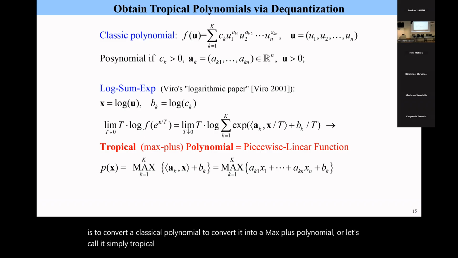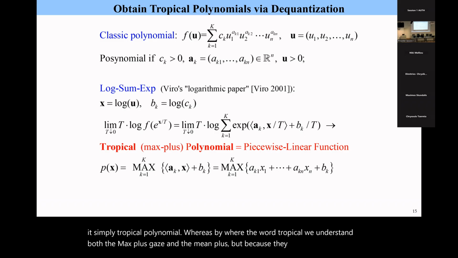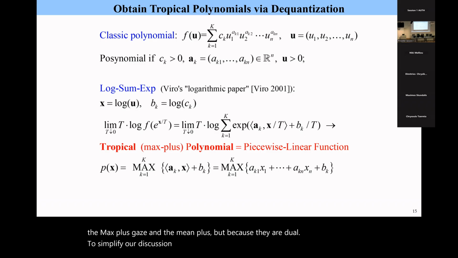Where with the word tropical, we understand both the max plus case and the min plus. But because they are dual, to simplify our discussion today, I will mainly show results for the max plus.